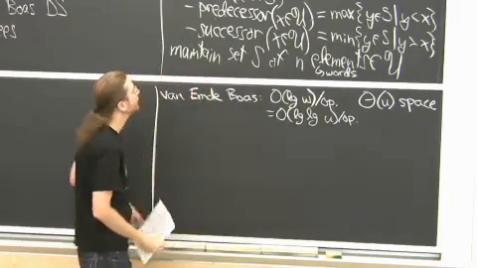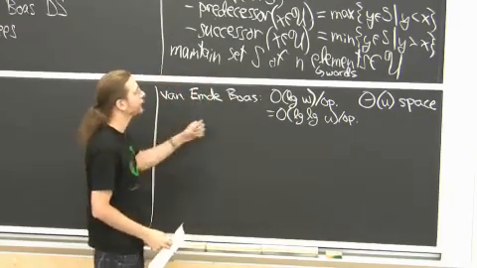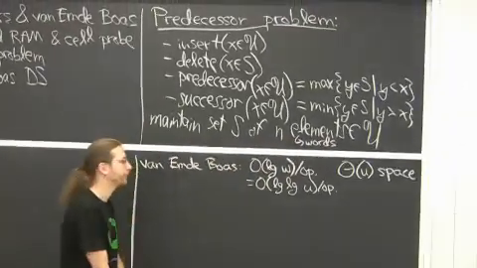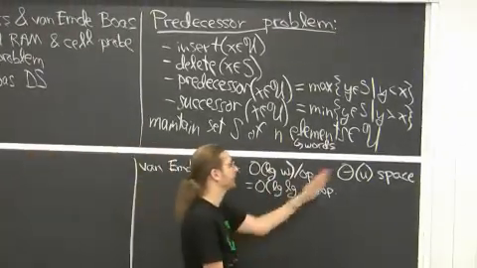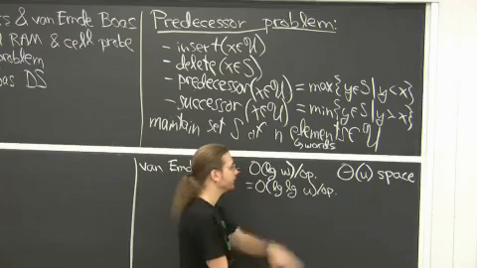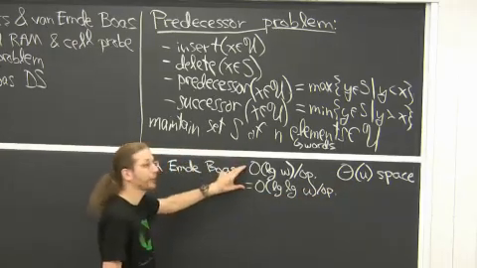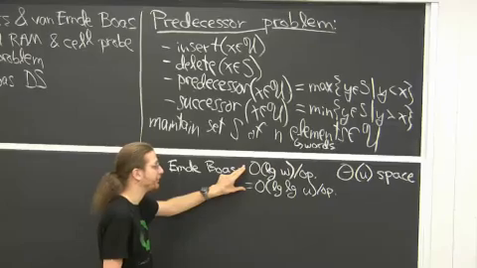So think of U space as being like, for every item in the universe I store, yes or no, is it in the set? So that's a lot of space, unless n and U are not too different. But we can do better. But the cool thing is the running time. This is really fast.